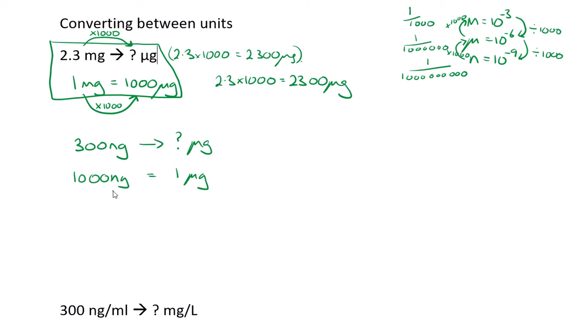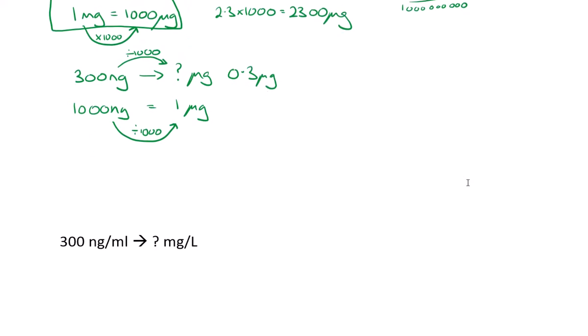So here, to get from 1,000 to 1, we divide by 1,000. So we have to keep in the same ratio on the top there. So it's 300 divided by 1,000. So that is 0.3 micrograms. So the more you do that, the more familiar you'll become with it. And that's just one way of looking at it.